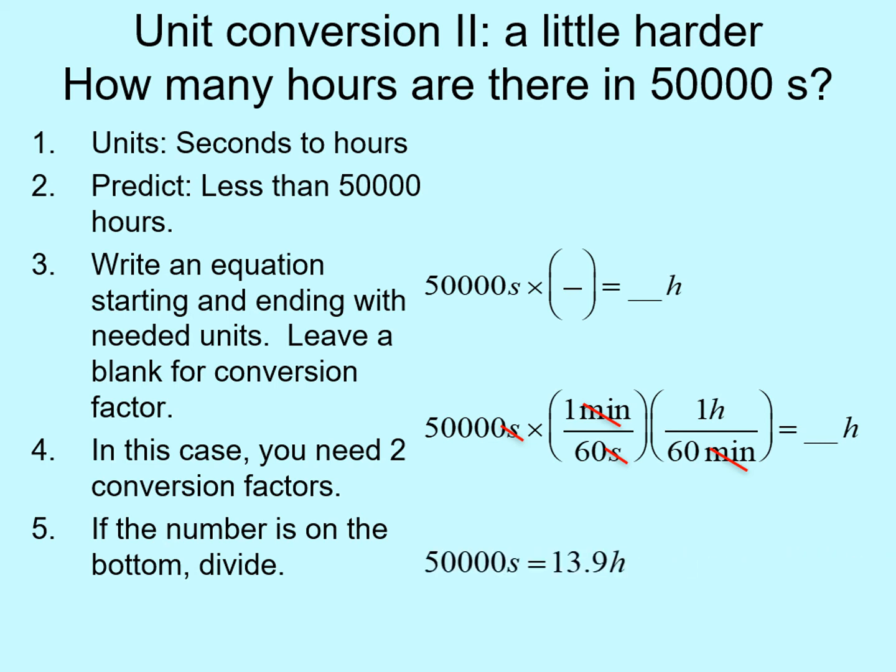We get 13.9 hours. Finally, do the comparison or sanity check. The answer says that 50,000 seconds is 13.9 hours, which makes sense, because although it's not a short time, the number of hours is less than the number of seconds.